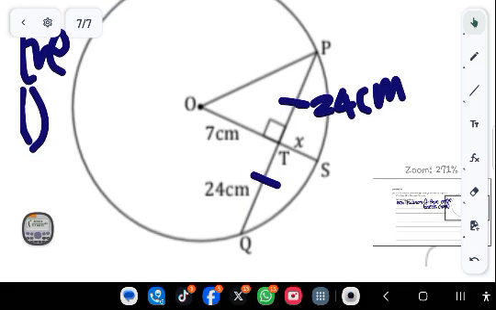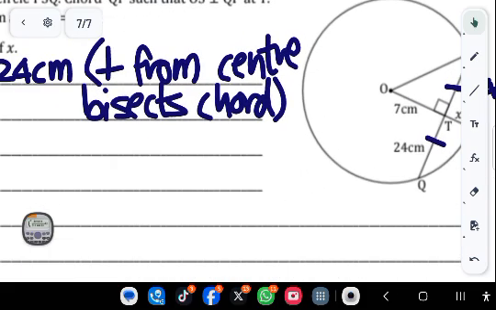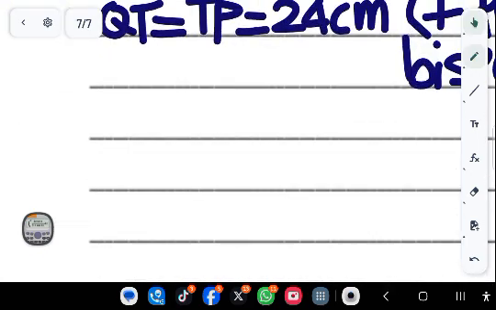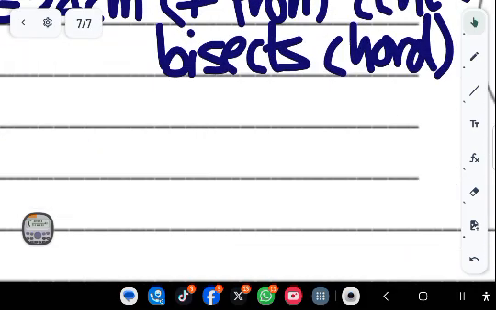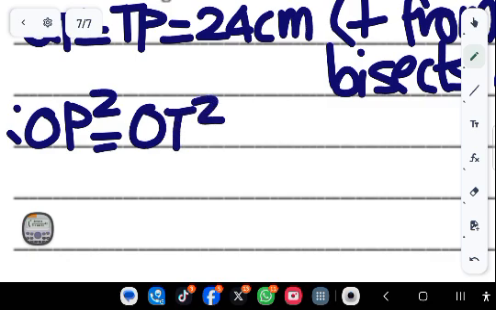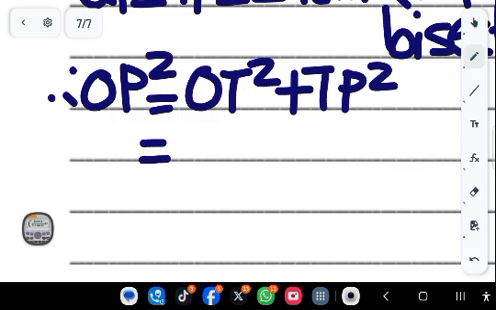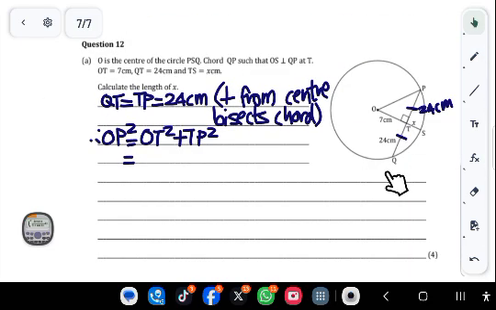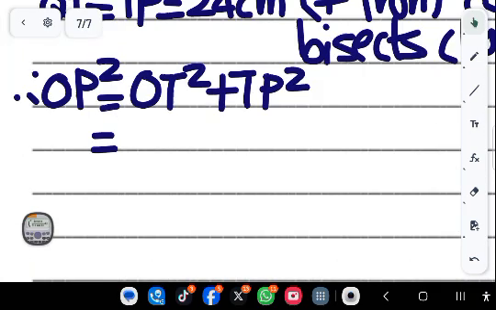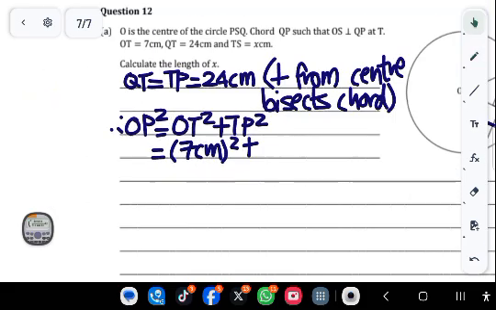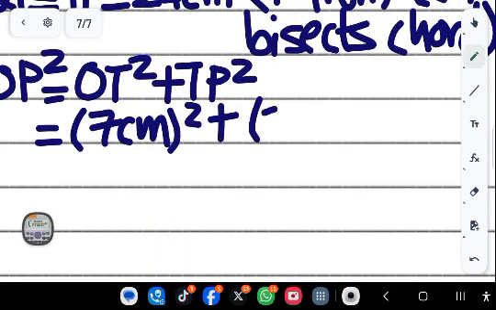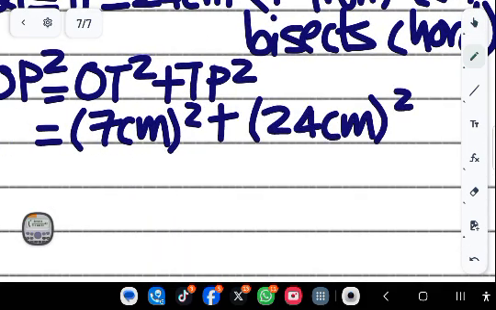Now let's use the theorem of Pythagoras to find the hypotenuse, which is OP. OP squared equals OT squared plus TP squared. Let's substitute. OT is 7 centimeters, and TP is 24 centimeters, all squared.